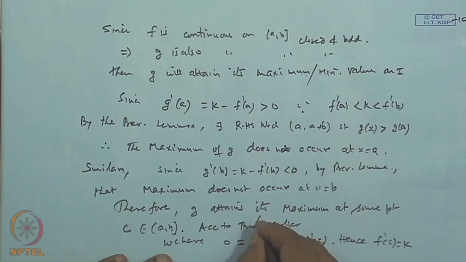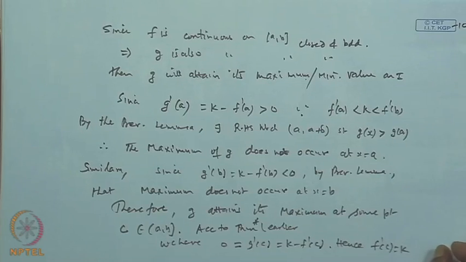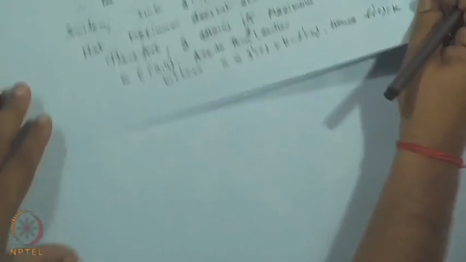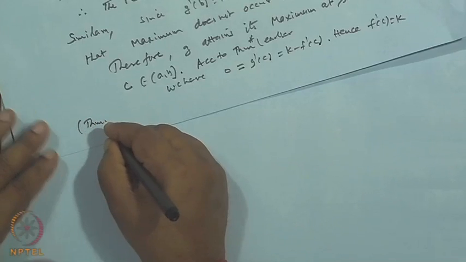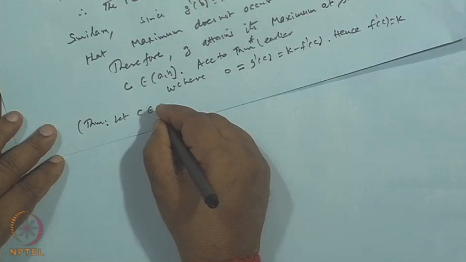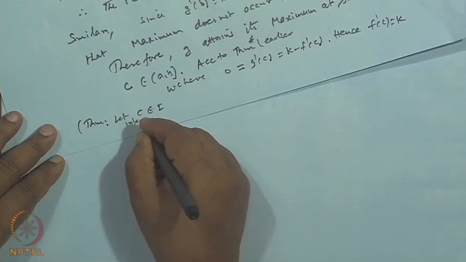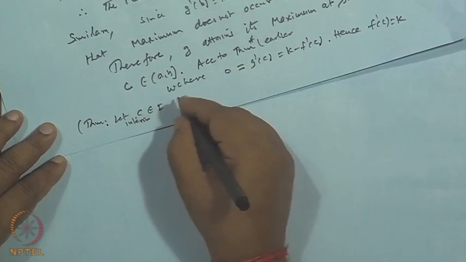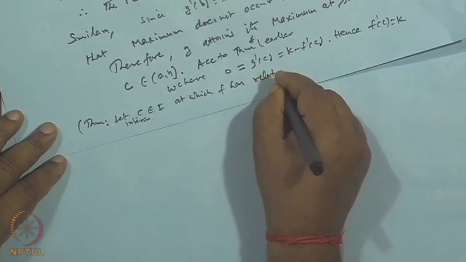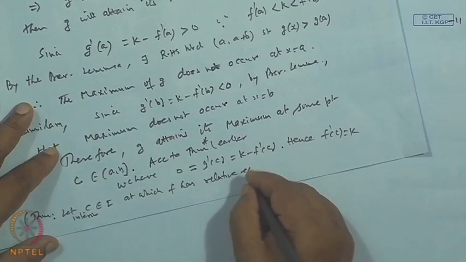According to this theorem, I am putting a star, and this star is the interior theorem. It says: let C be an interior point of the interval I at which the function f has a relative extremum.